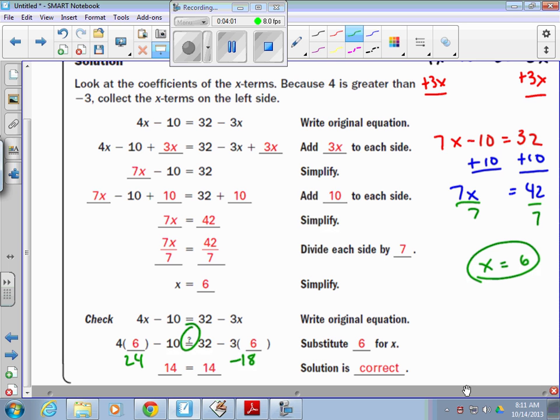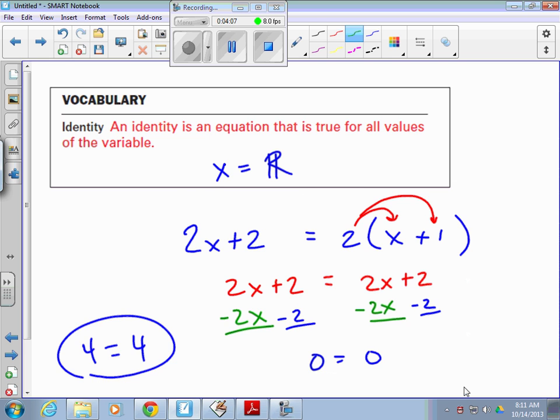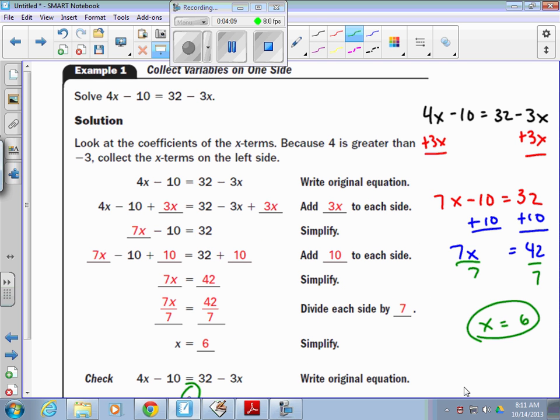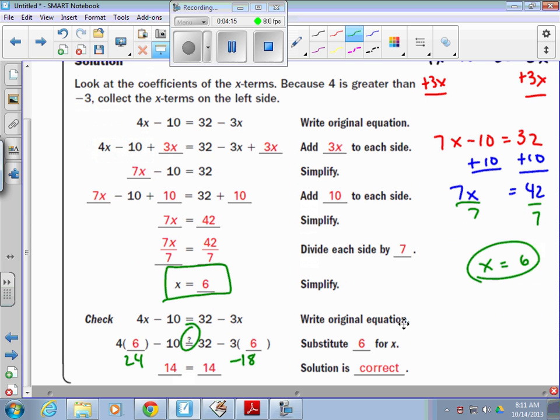Therefore, you have a true statement at the end. 14 is equal to 14. Notice this is not an identity like we said just a second ago, because you're solving for the variable at the end. You have x equals 6. That's it solved. At the bottom, it's just checking it, plugging it back in to see if the solution is correct.